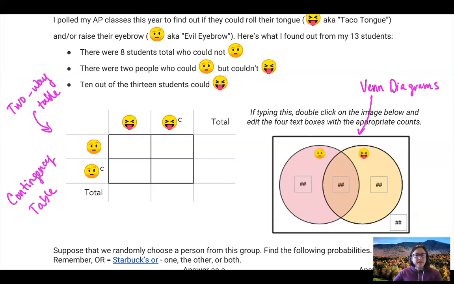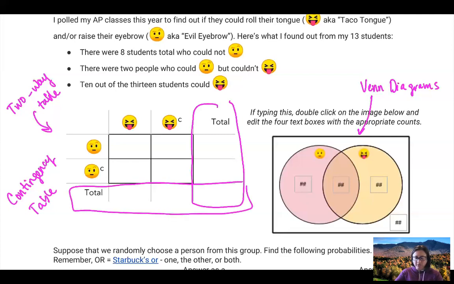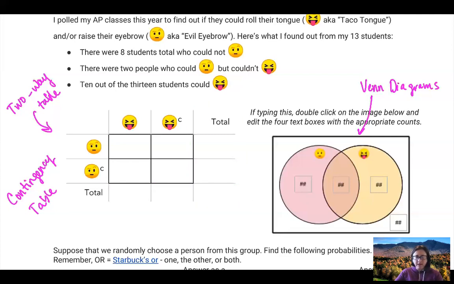So on the two-way table, in the very last column and the very last row, we've got the totals. So what we're going to do there is put in definitely the total number of students I have. So down in total, I know I have 13 total students. And then the ends right here are going to represent the total amount of students that could raise their eyebrow.